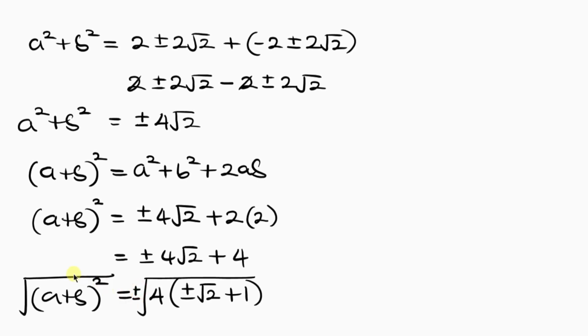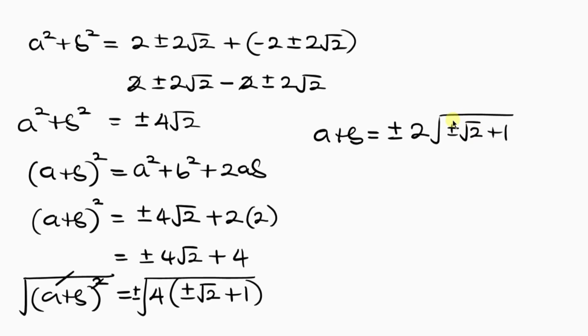Now the square root and the square will cancel off, leaving behind a plus b equal to plus or minus, now the square root of 4 is 2. I'm going to be writing this just the way it is, the square root of plus or minus the square root of 2 plus 1.